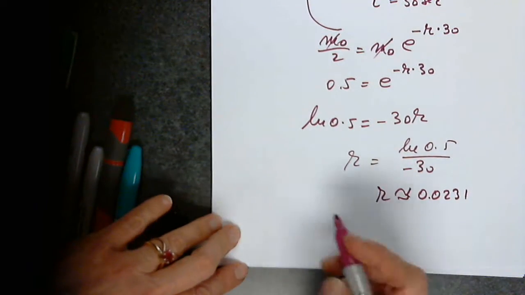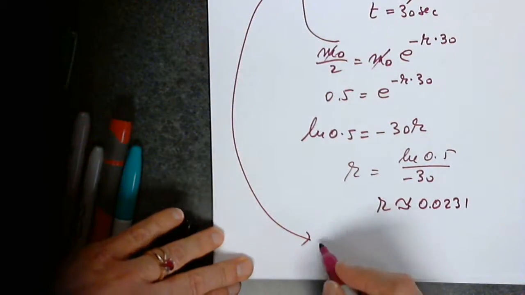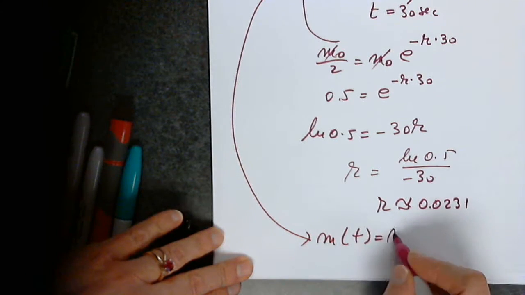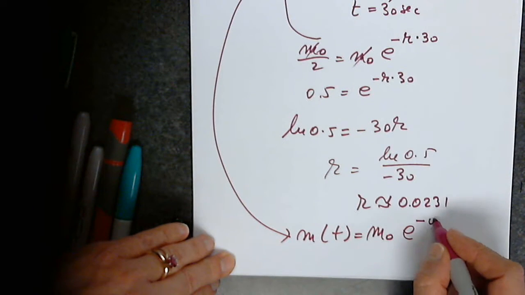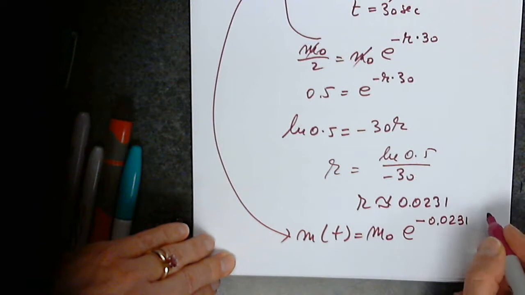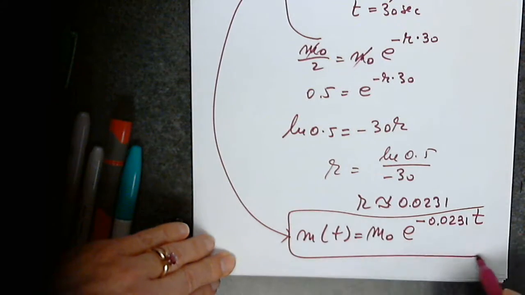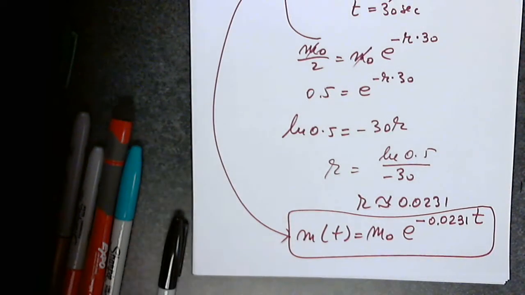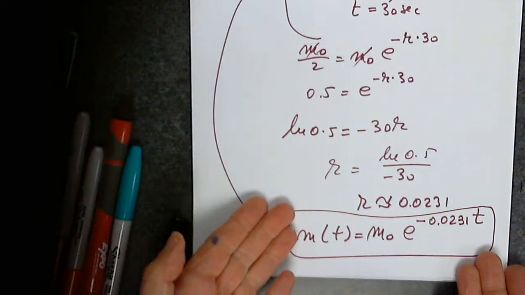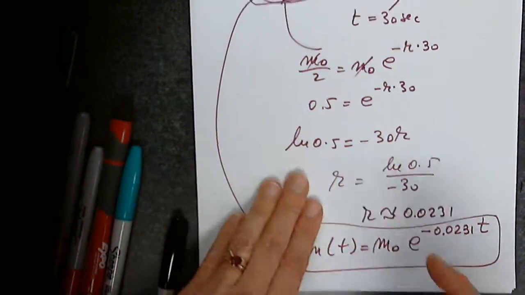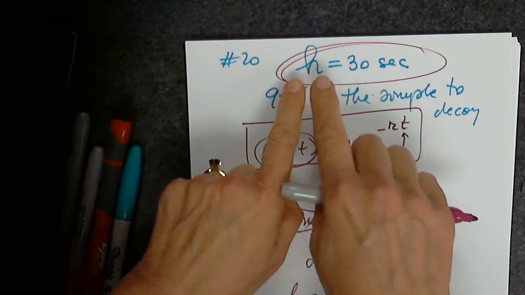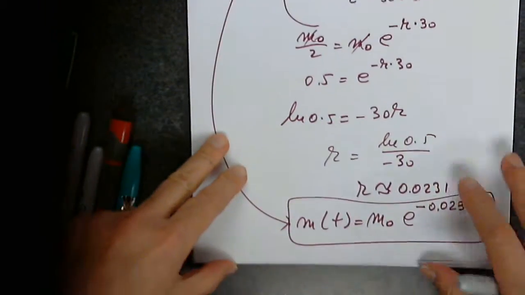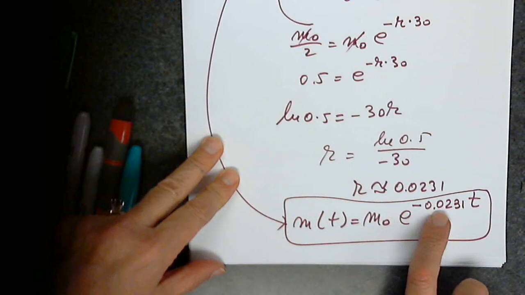Okay. So then the model becomes m of t equals m0, which is unknown, not given to us, e to negative 0.0231 t. This is what I obtained by simply knowing that the half-life is 30 seconds. I was able to determine the decay rate.